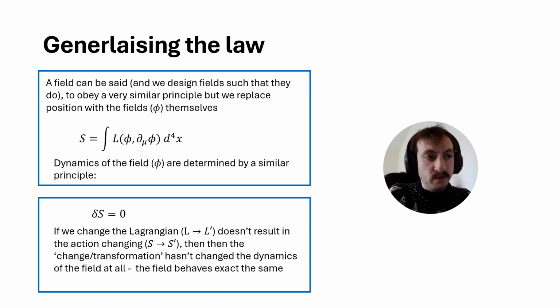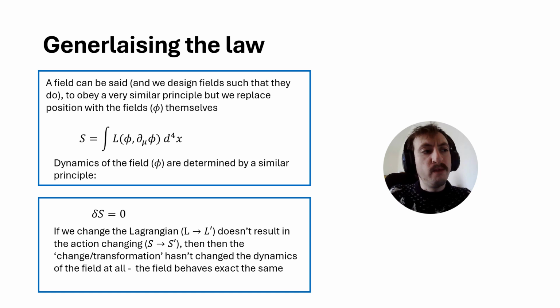Now, if we can find a way to shift the Lagrangian a little bit, in a way that results in the same action, then by definition this shift won't impact the idea that the Lagrangian should minimise the action, because our new Lagrangian gives the same action as the old Lagrangian.